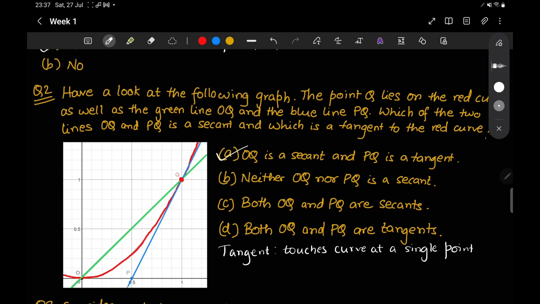You can see that this line OQ, the green line, touches the red curve at two locations, at the point O as well as at the point Q. Whereas the blue line PQ touches the red curve only at one point, which is Q. That's why OQ is a secant and PQ is a tangent. If you have any questions, please put them in the chat box.